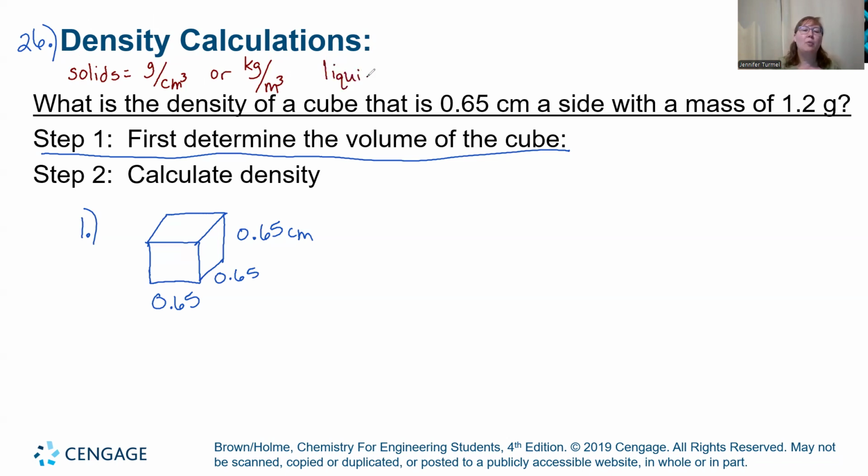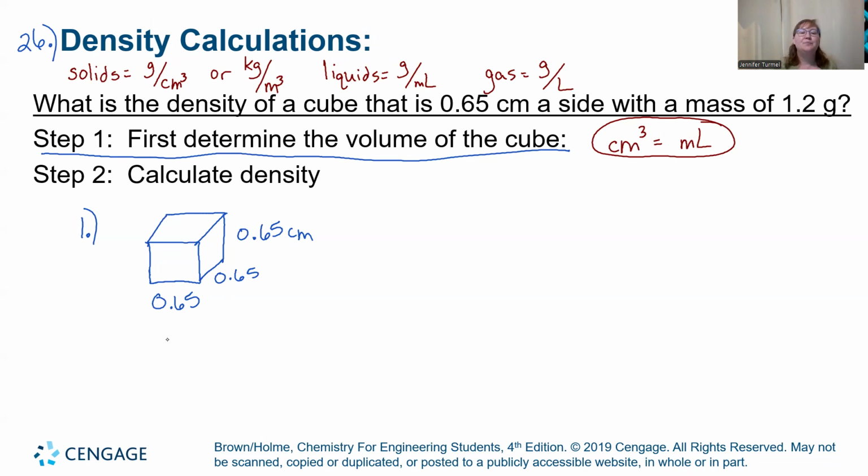Liquids are reported as grams per milliliter, and gases are reported as grams per liter. Now, the important thing to remember here is that a cubic centimeter is exactly the same as a milliliter. So sometimes you'll need that going forward. Make sure you have those. Now we'll go back to our calculation here.